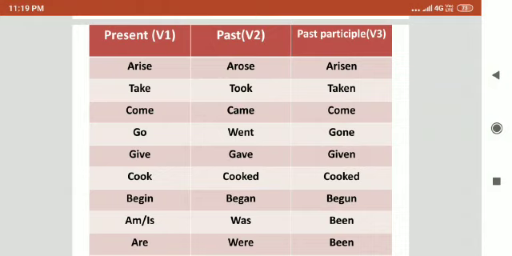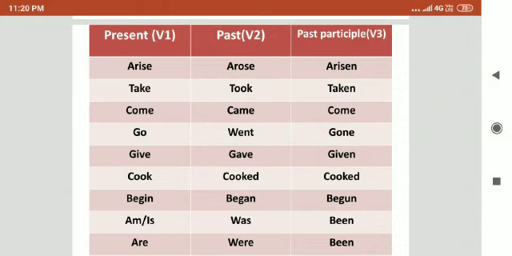In the first one, the first word that we have in present is arise, right? Arise, arose, arisen. Okay, so arise means to happen or to occur. For example, we can say accidents arise from carelessness. That means we're talking about the present, right?